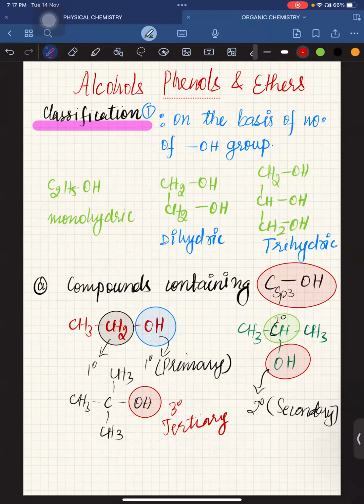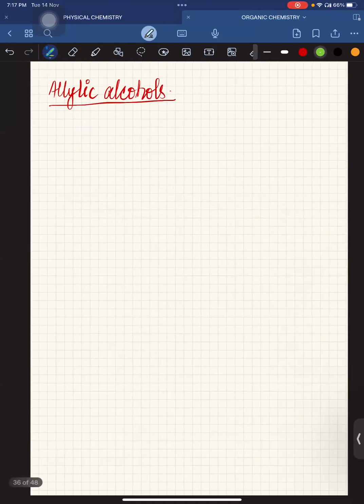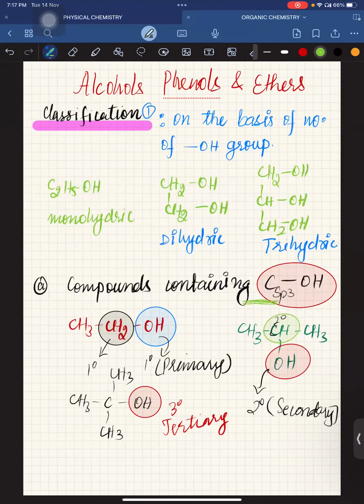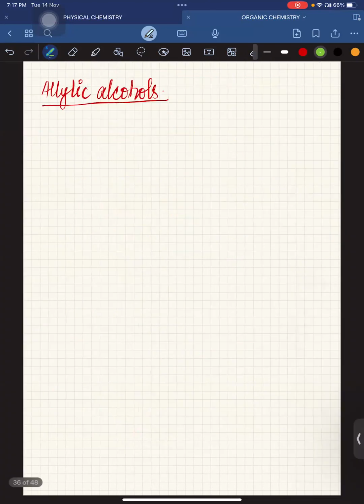Okay. Now the next classification is allylic alcohols. You have heard this term in allylic halides. It is part of the previous classification, compounds containing an sp3 carbon. I'm going to show you.